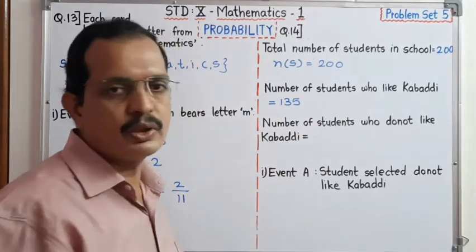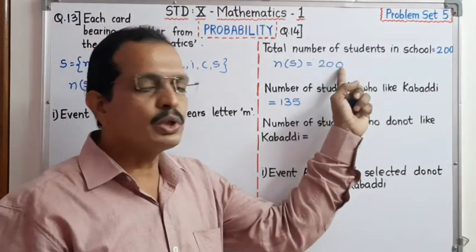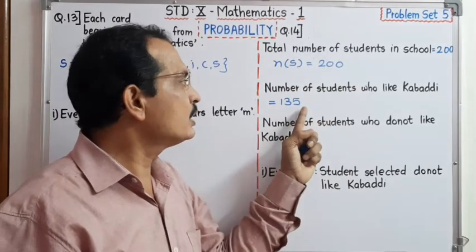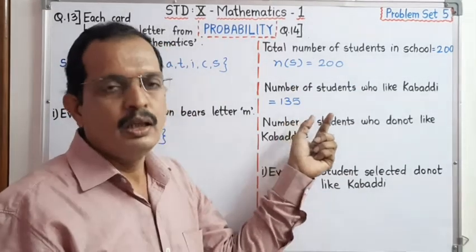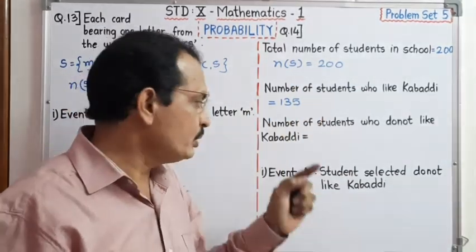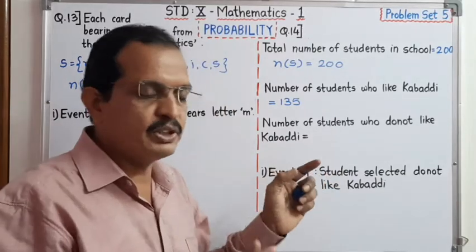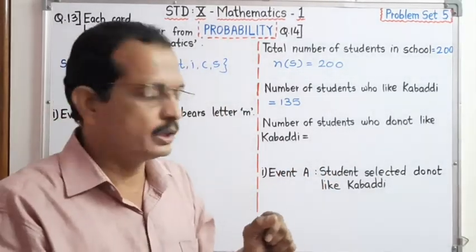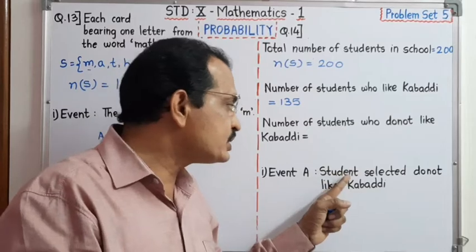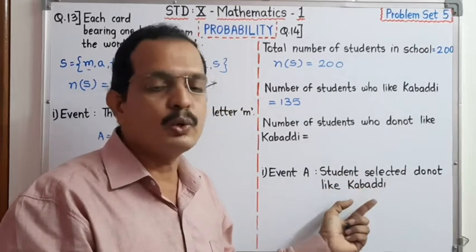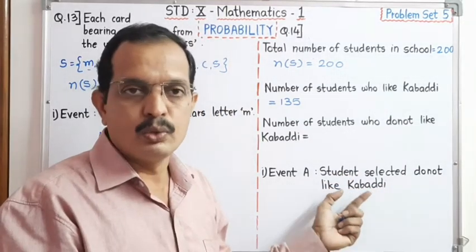Now what is the question? We have to select one student from this, but that selected student does not like kabaddi.